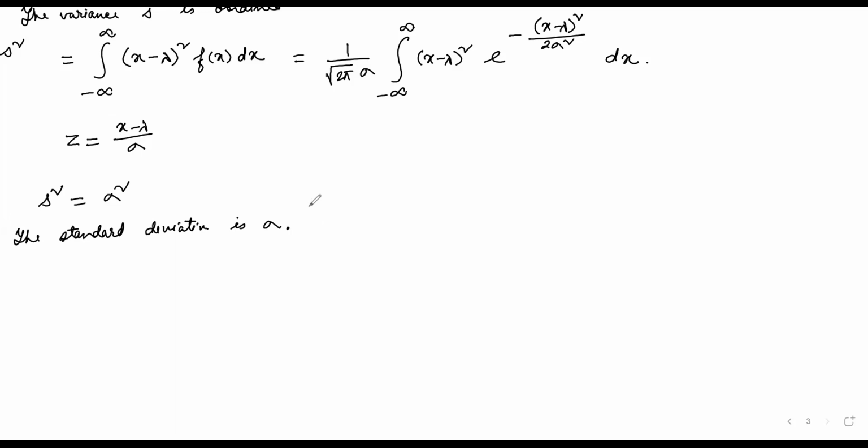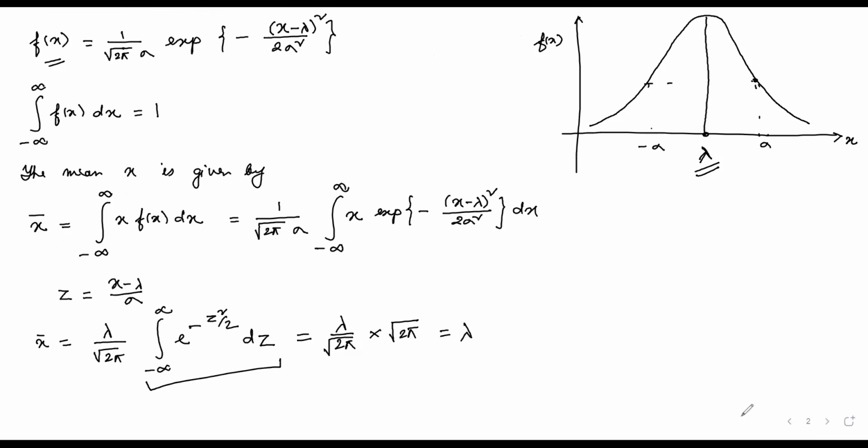So what have we seen here? If I have a normal distribution, let me come back to my earlier slide, the mean value, that is the average value, is given by this lambda, and the standard deviation is given by sigma.